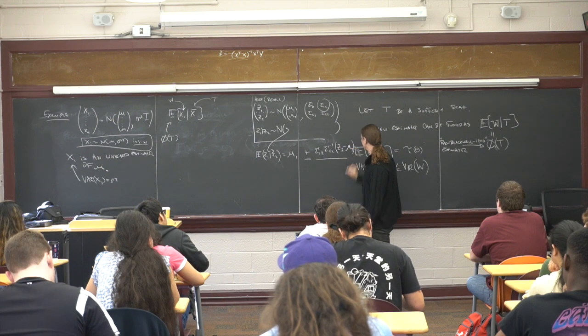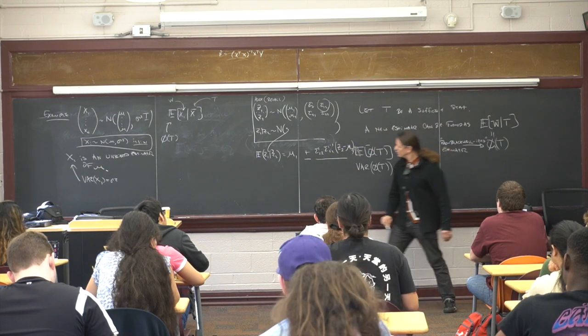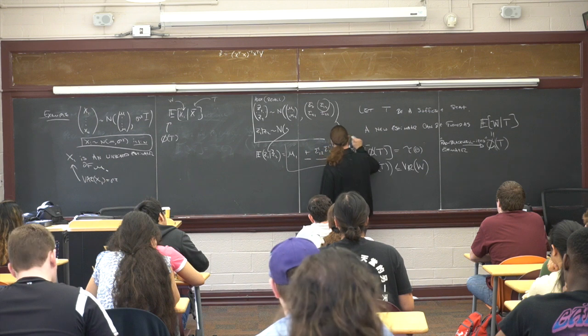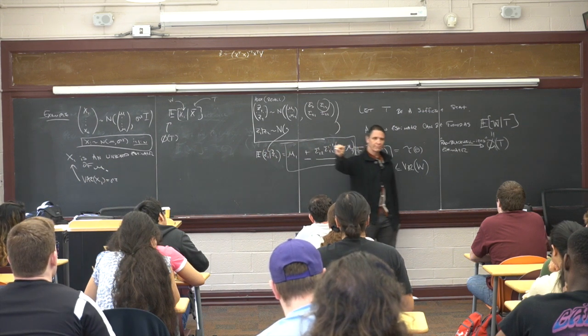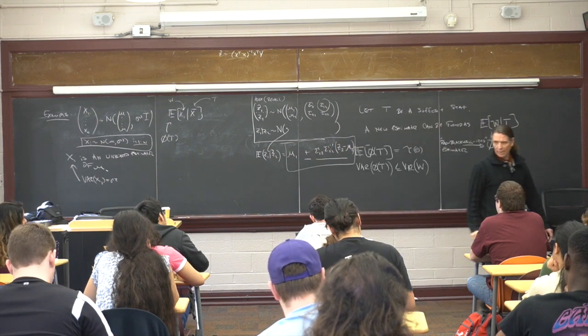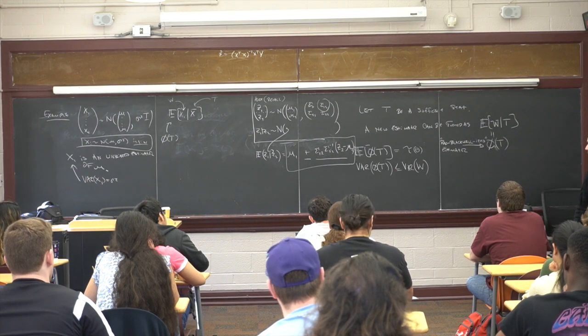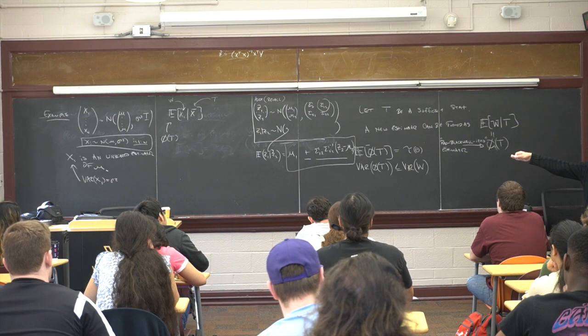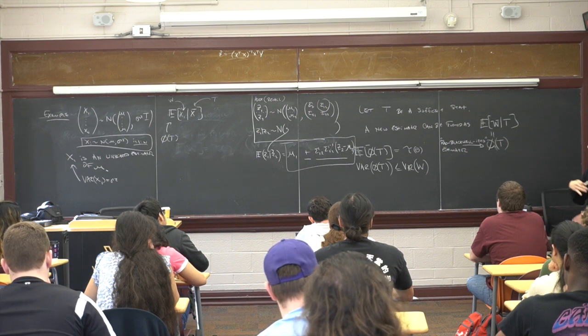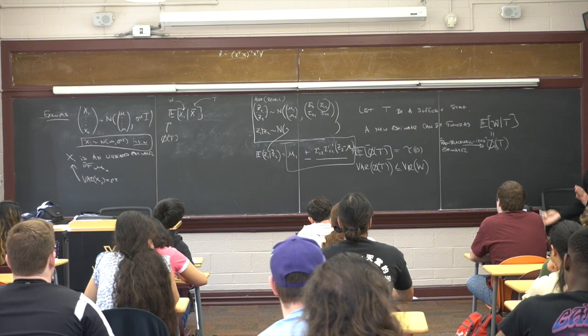You know what I call this right here? I call that regression. This is your whole regression class with normality in mind. That is the regression line when you're doing this sort of conditional thing.